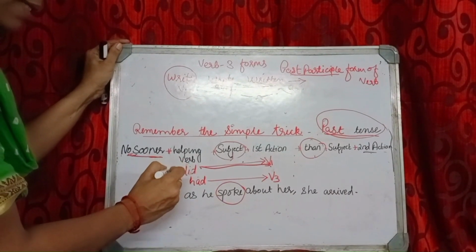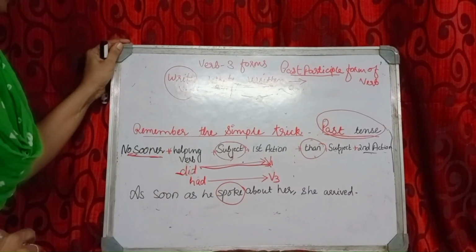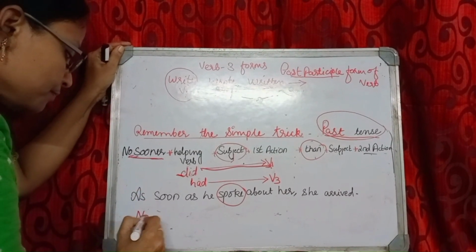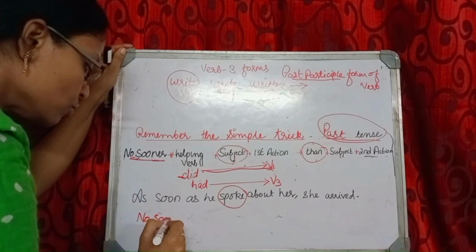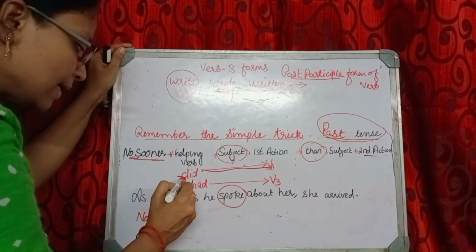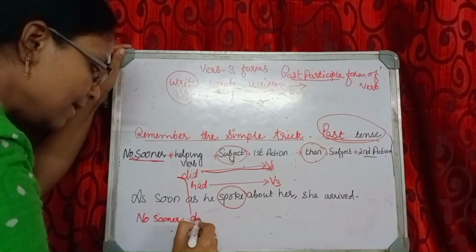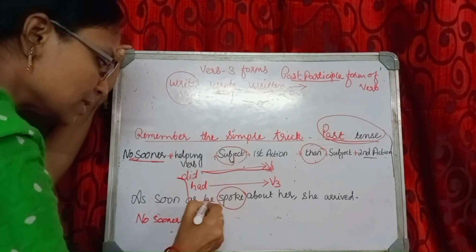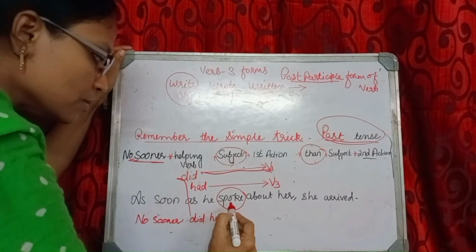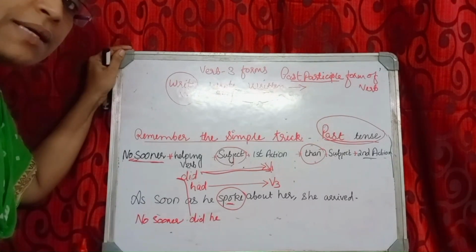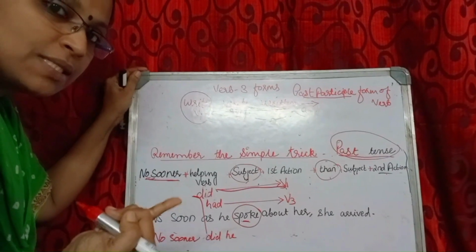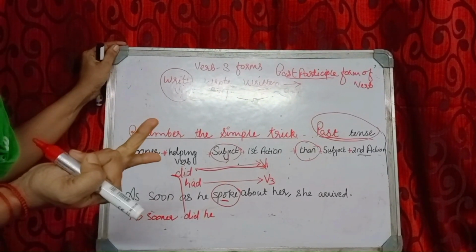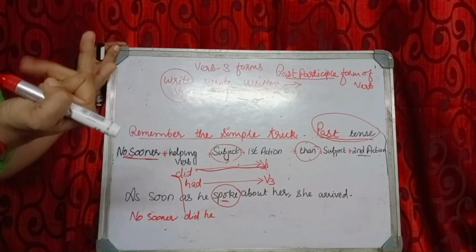Let's apply the first one, "did plus first form of the verb". "No sooner", now we are writing "did". Then the subject, "he". "Spoke" has three forms: the first form is "speak", the second is "spoke", and the third form is "spoken".